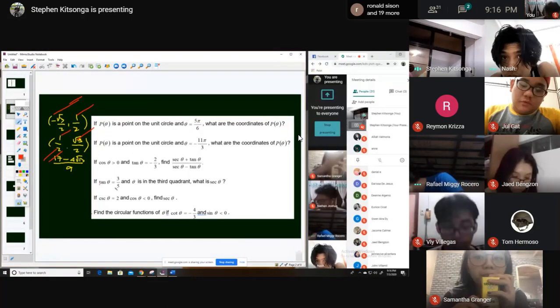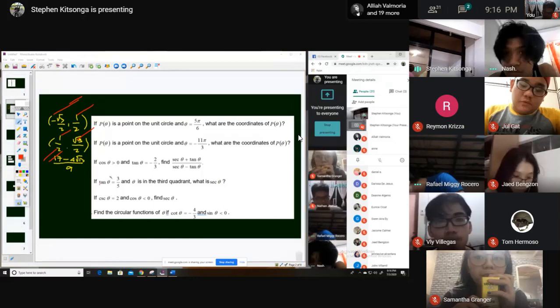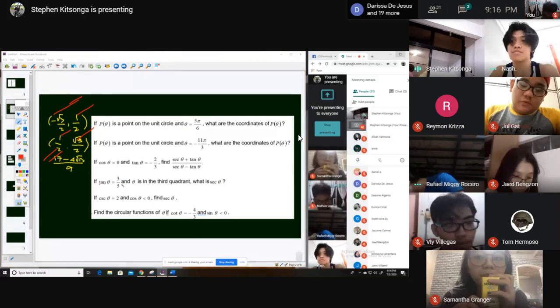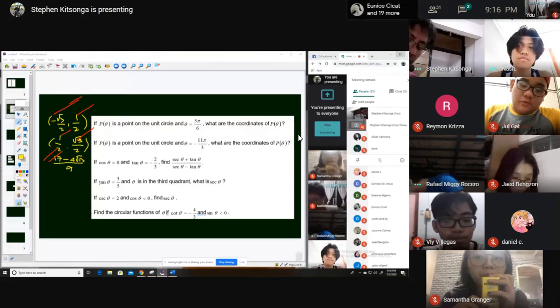If tangent is 3/5 and theta is in the third quadrant, what is secant? This is an easy one. Because y over x to, no? So, do you have an answer? Tan of 3/5.